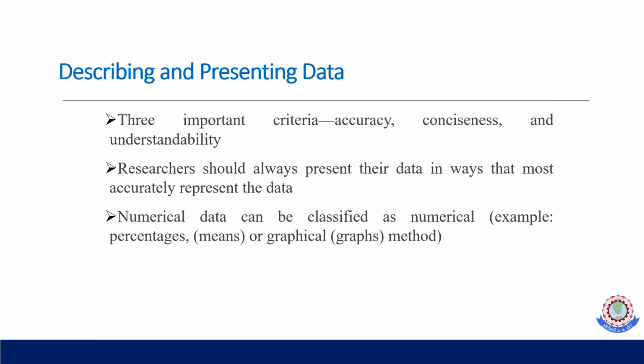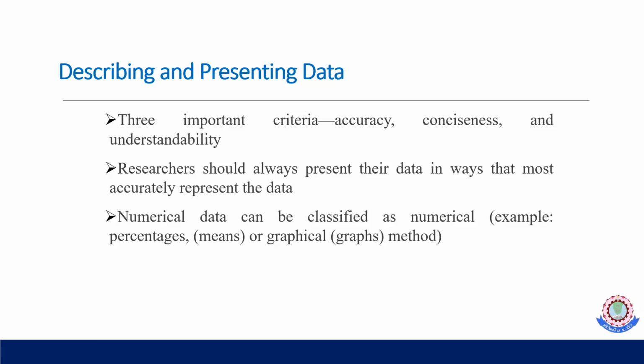Three important criteria we will be seeing whenever we are describing and presenting our data to a target audience, such as researchers, are accuracy, conciseness, and understandability. Researchers should always present their data in ways that actually represent the data.